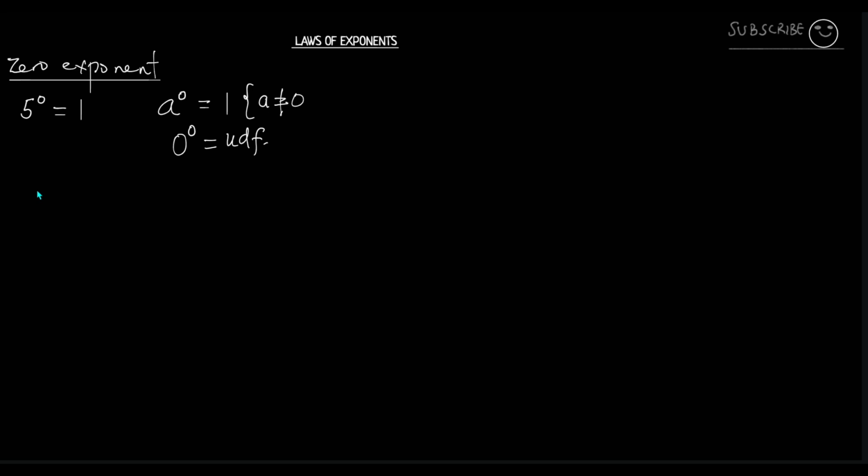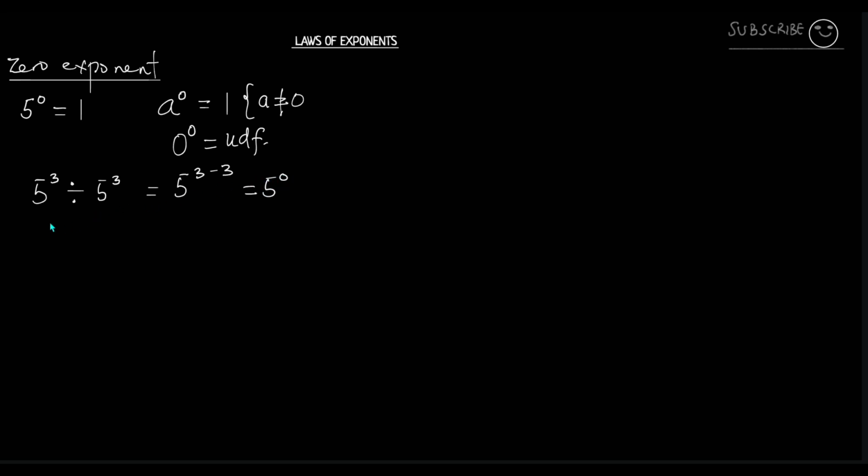The explanation to that is this. Let's go back to 5. Let's say you have 5 raised to the power of 3, and you're trying to divide that by 5 raised to the power of 3, which are basically the same thing. So according to the law of indices, this should be 5 raised to the power of 3 minus 3, which is 5 raised to the power of 0.